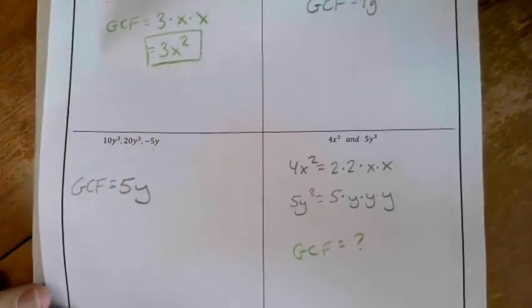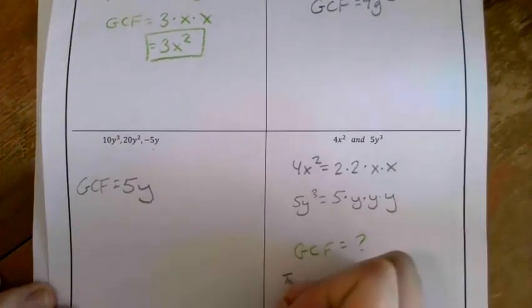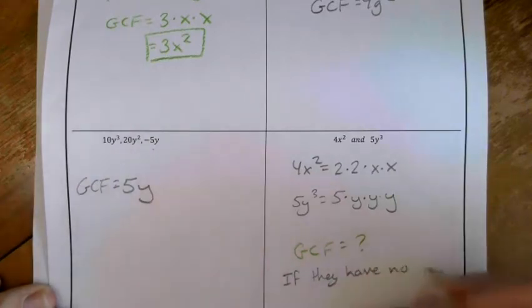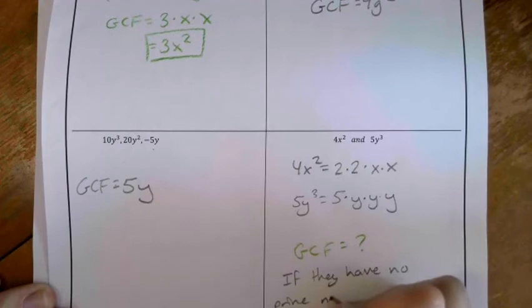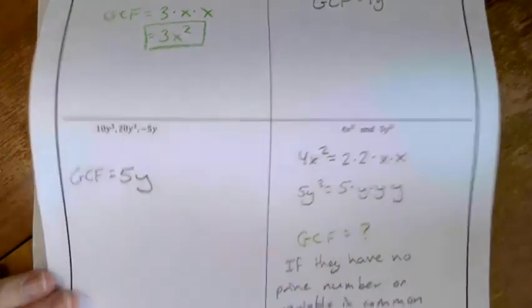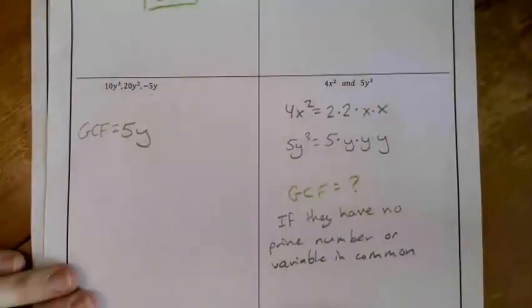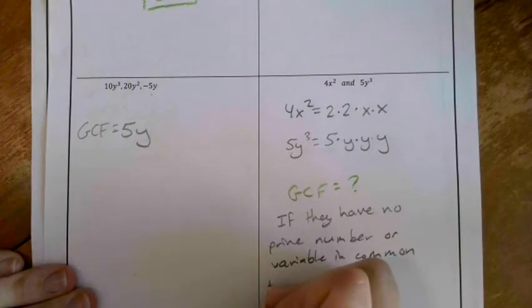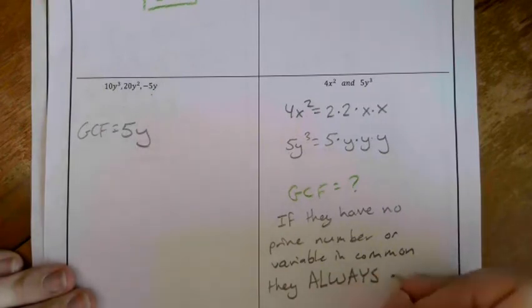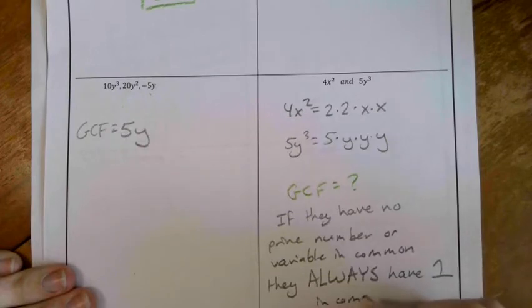There is always at least one number in common. If they have no prime number or variable in common, they always have, and write it in big letters, they always have ninja number 1 in common.